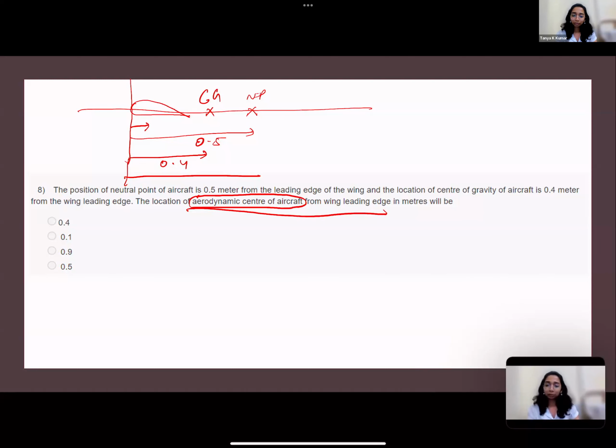If you don't remember from the lectures, at least Google it. Yes. The point at which pitching moment is independent of angle of attack. Perfect, Sandra.